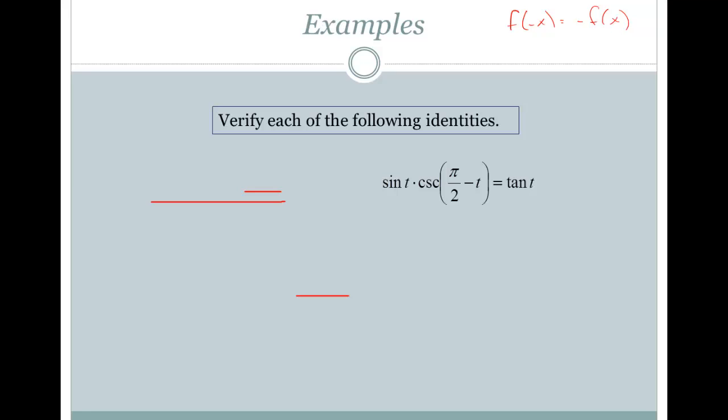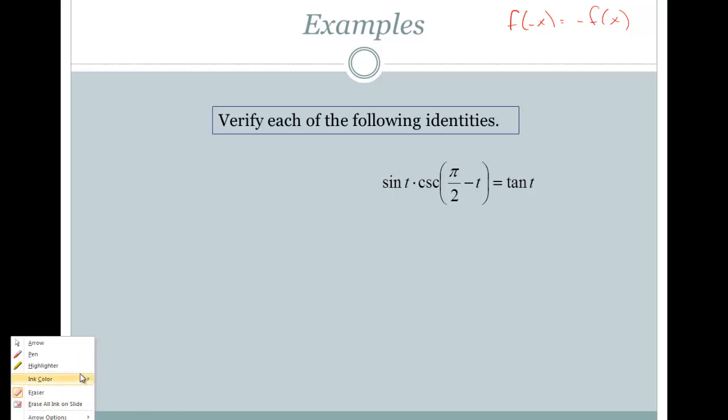Let's do one more. Sine of t times cosecant of pi over 2 minus t equals tangent of t. Right off the bat, I should be thinking about my co-function identities, because secant of pi over 2 minus t is the same as secant of t.